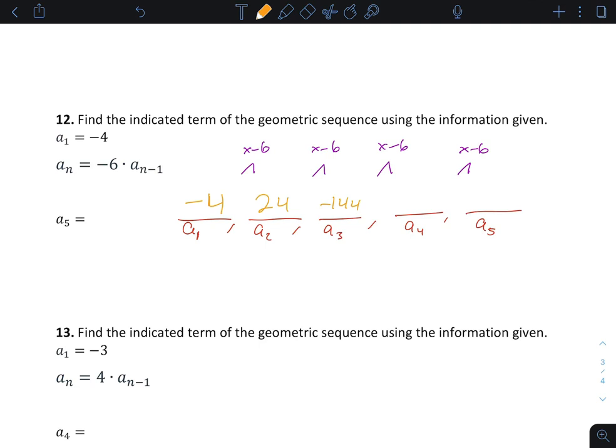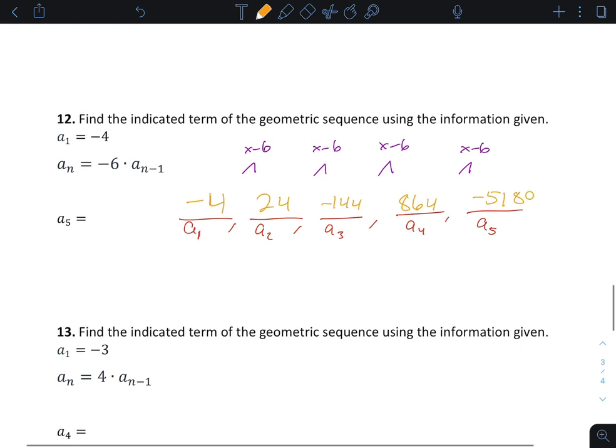Now that times -6 would be 864. And times that by -6 would be -5,184. So that means here my A sub 5 is going to be negative 5,184.